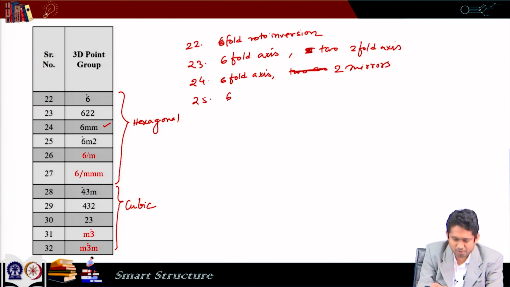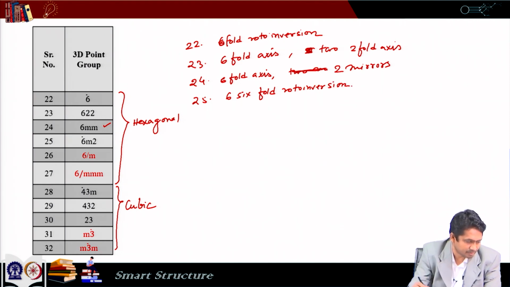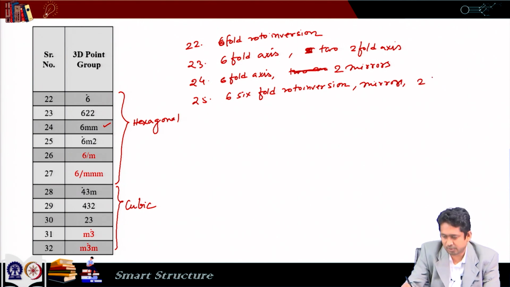And then we have 6-fold roto inversion, then mirror, and then we have 2-fold axis.